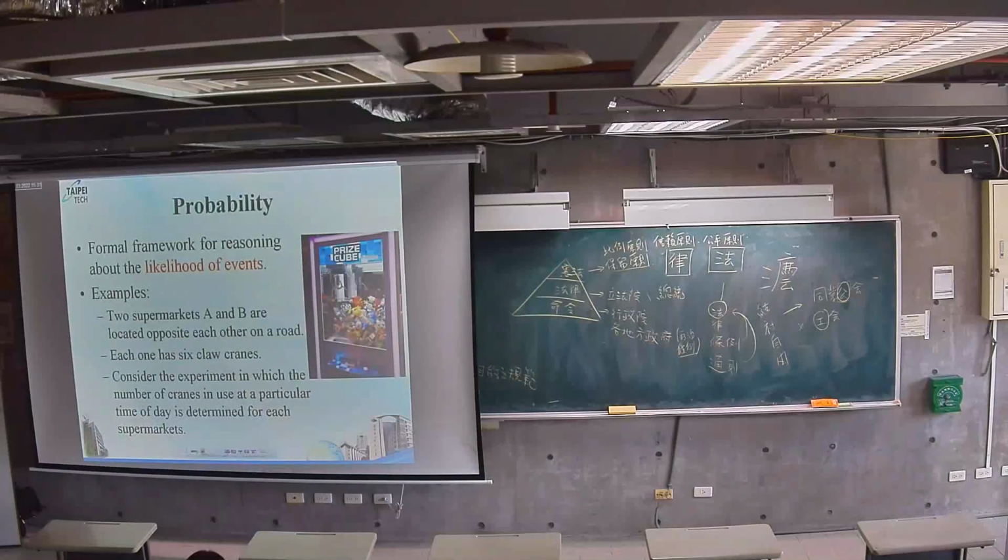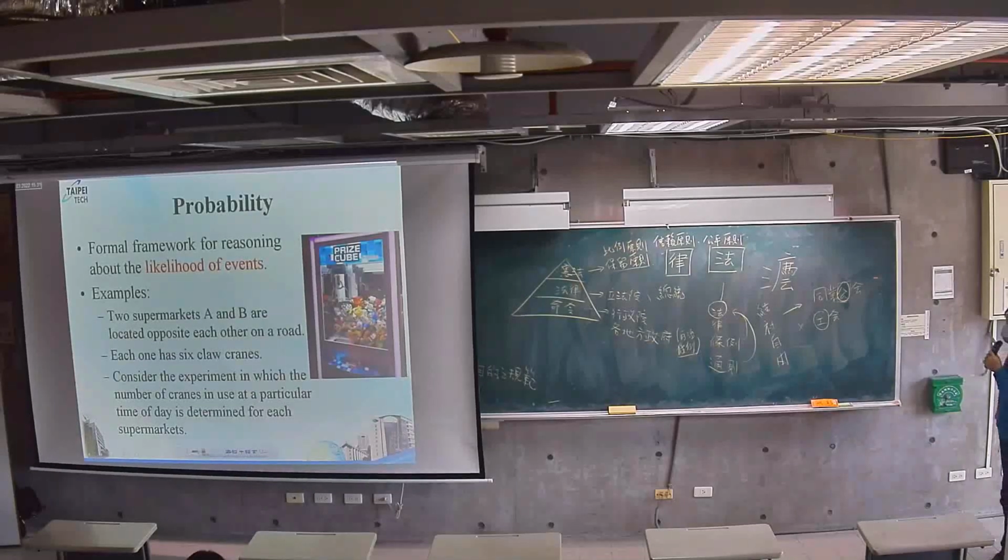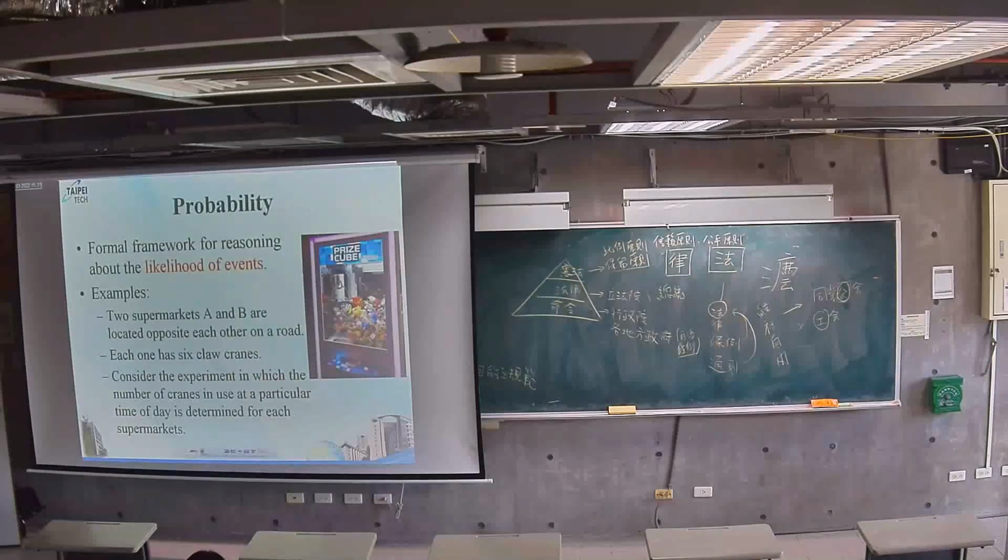We can see these shops, I think, everywhere. Each supermarket has 6 cloud cranes, so in total we have 12 cloud cranes.